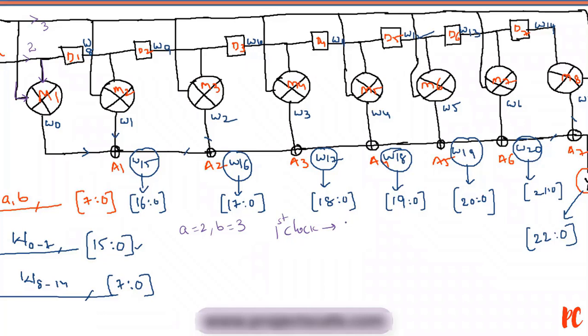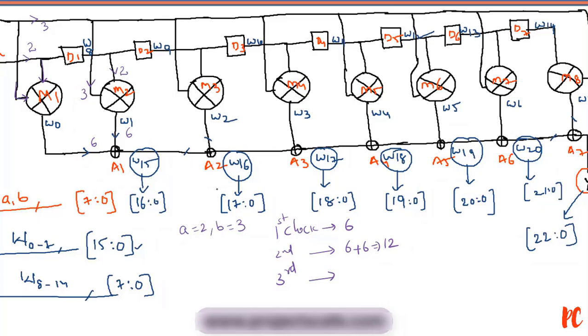For the first clock cycle, the value will be 6, and for the second clock cycle, this 6 is getting moved here. The output of this will be 6, and from here again an input of 3 and an input of 2 will give a total of 6. So the second clock cycle will be 6 plus 6, nothing but 12.